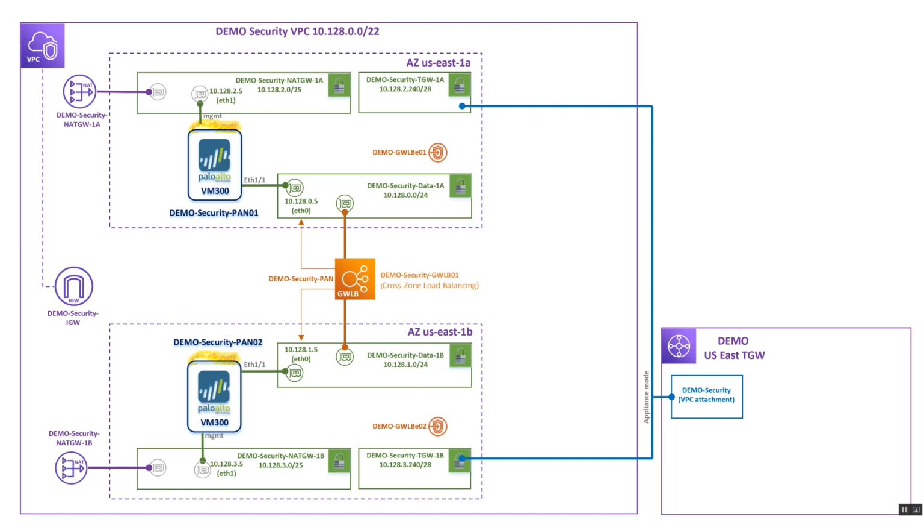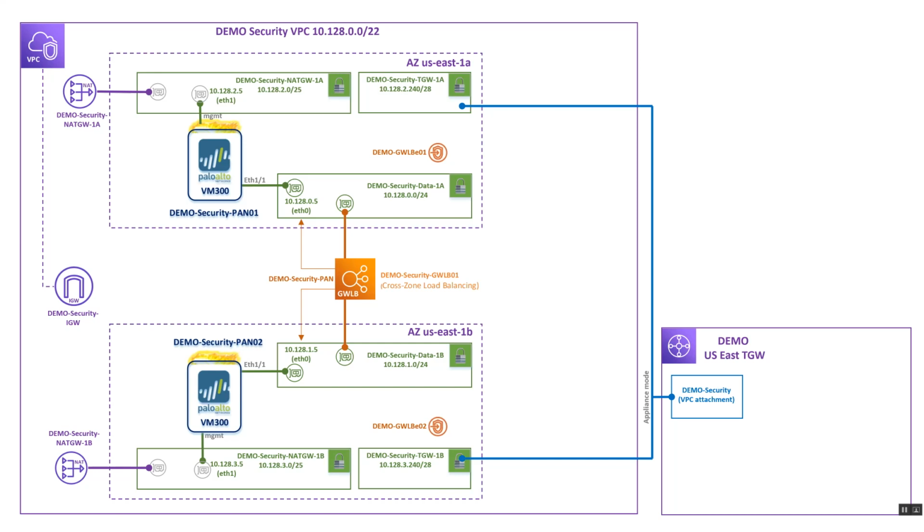Okay, and the way we're going to get packets to the gateway load balancer is through something called a gateway load balancer endpoint. So we register the endpoint service, and then we deploy these endpoints in various parts of the network. In this case, I'm showing you the use case for outbound and east to west, and for outbound and east to west, I deploy these endpoints within the security VPC.